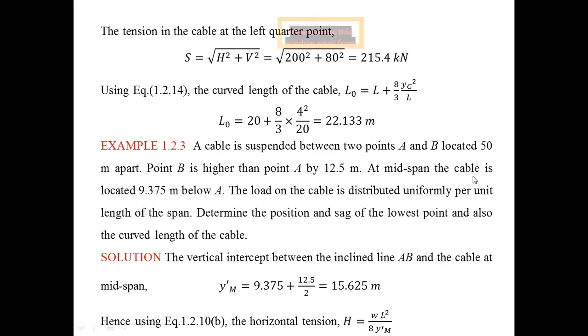At midspan, the cable is located 9.375 below A. The load on the cable is distributed uniformly per unit length of the span. Determine the position and sag of the lowest point and also the curved length of the cable.